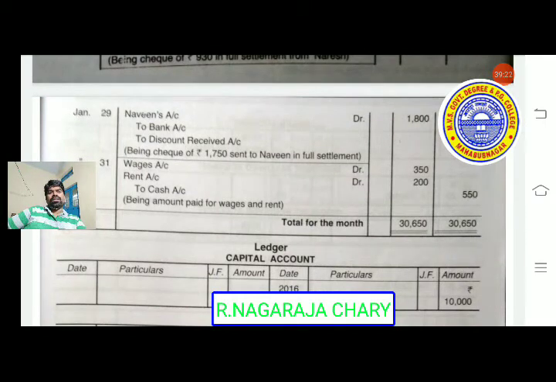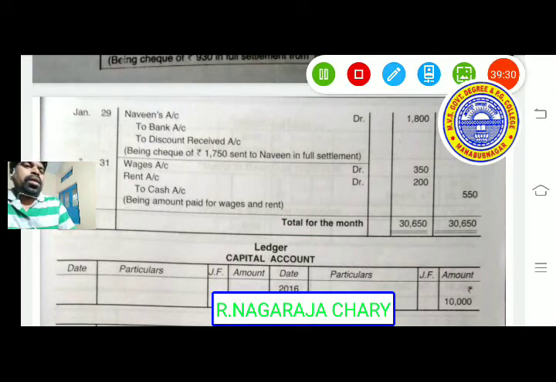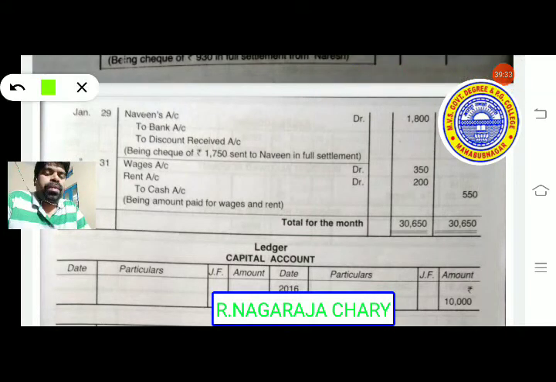When more than one transaction is recorded in one entry, that is known as composite entry.